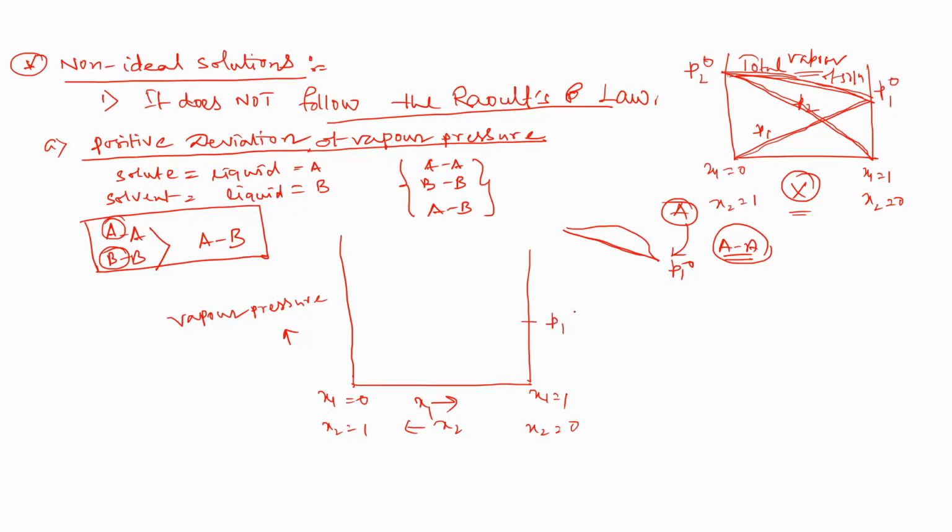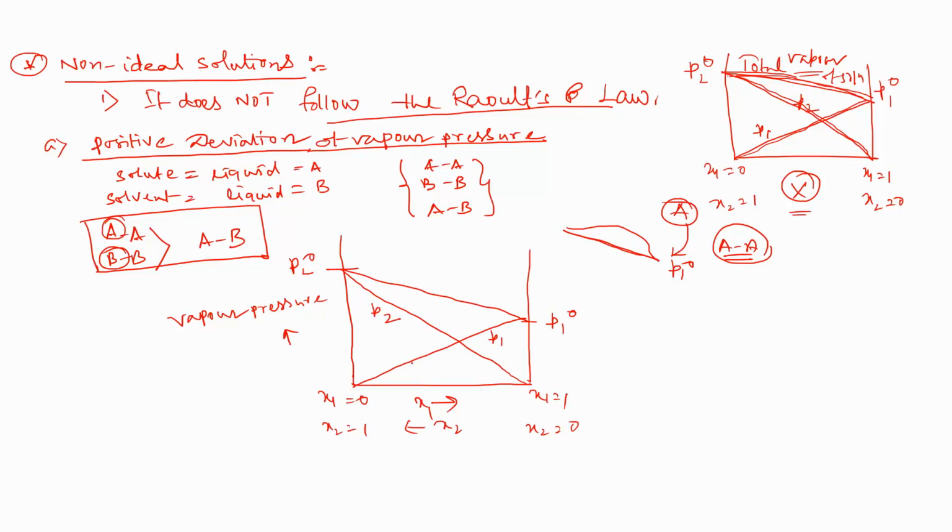This is the ideal condition. This is the vapor pressure of the solution, this is the vapor pressure of the A component, and this is the vapor pressure of the B component.